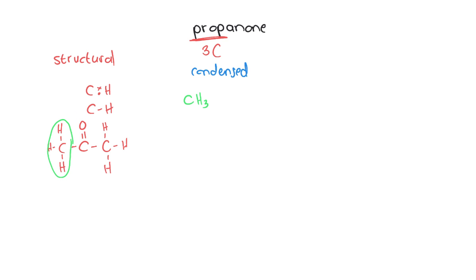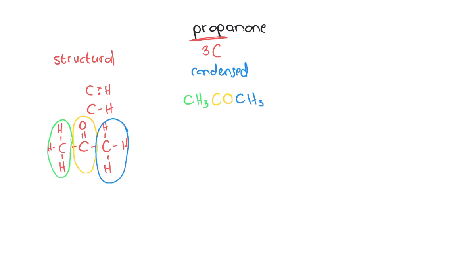Now I move on to the next carbon, which is this carbon over here. Again, I first need to write the carbon and then the other atoms it's bonded to. In this case, it's only bonded to oxygen, so I write the oxygen. Then I'm finished with that carbon and all its bonds. Then I move on to this carbon over here. Let's choose a different color. That carbon is bonded to 3 hydrogens.